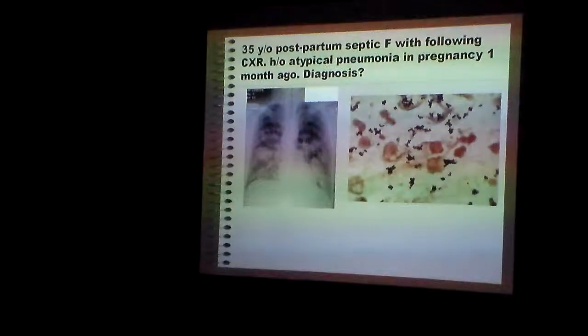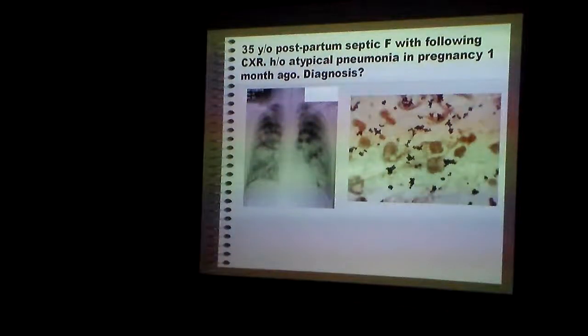35-year-old postpartum septic female with the following chest x-ray, history of atypical pneumonia in pregnancy 1 month ago. Diagnosis. So I guess they're gram-positive cocci in clusters. What is gram-positive cocci in clusters? Your micro always writes that on a report on a gram stain.